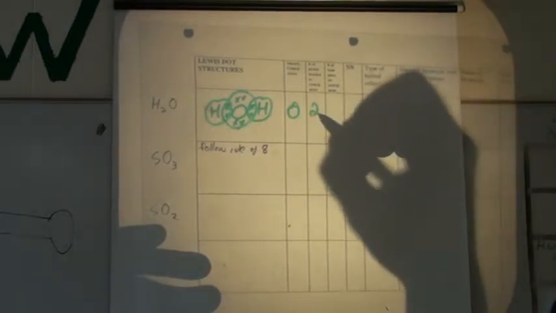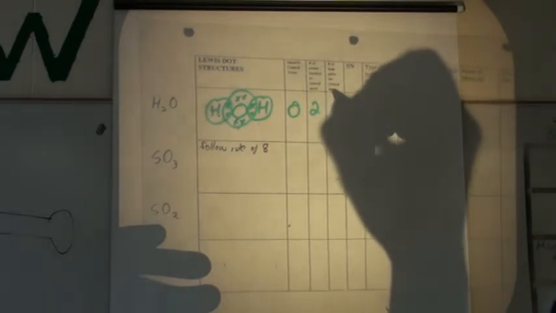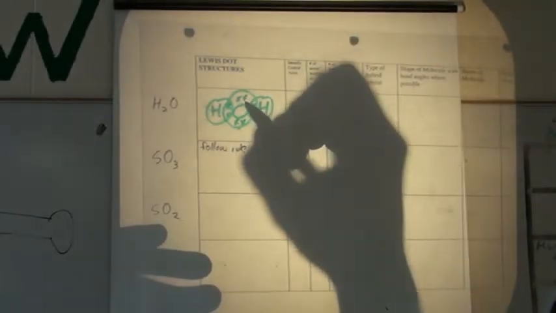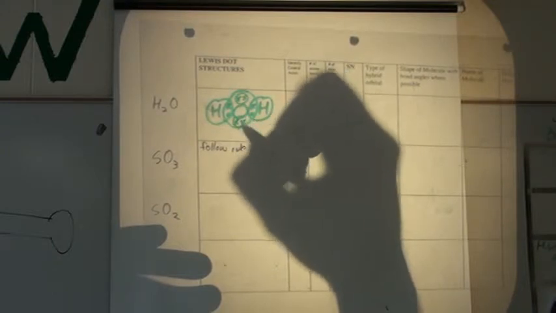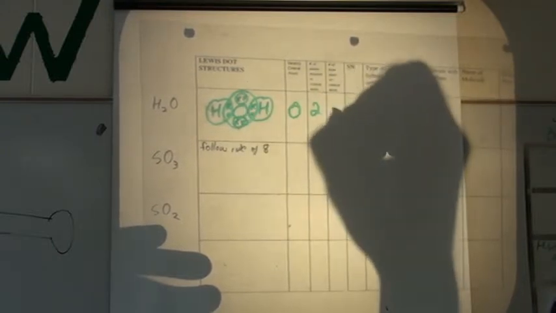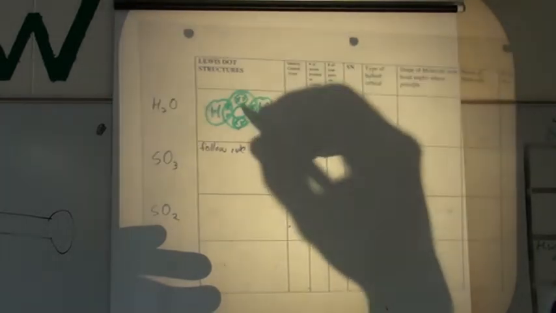Yep. And now, what about the lone pairs? There's a lone pair. So we have 2 lone pairs. Do you circle them like that? No, I was just trying to point them out to people.